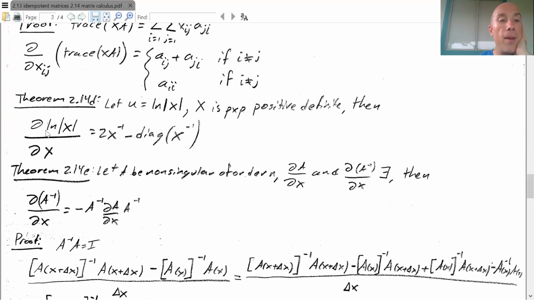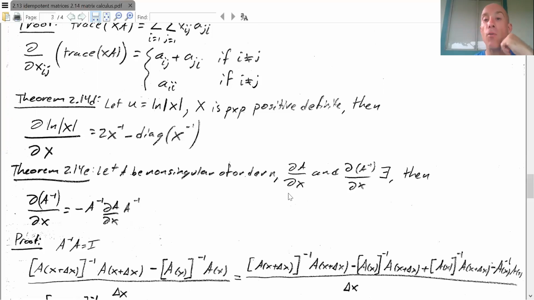Now, if I take the derivative of natural log of the determinant of our variable matrix with respect to our variable matrix, this will be equal to 2 times the inverse matrix minus the diagonal of the inverse. Now, we're going to let A be non-singular of order n.